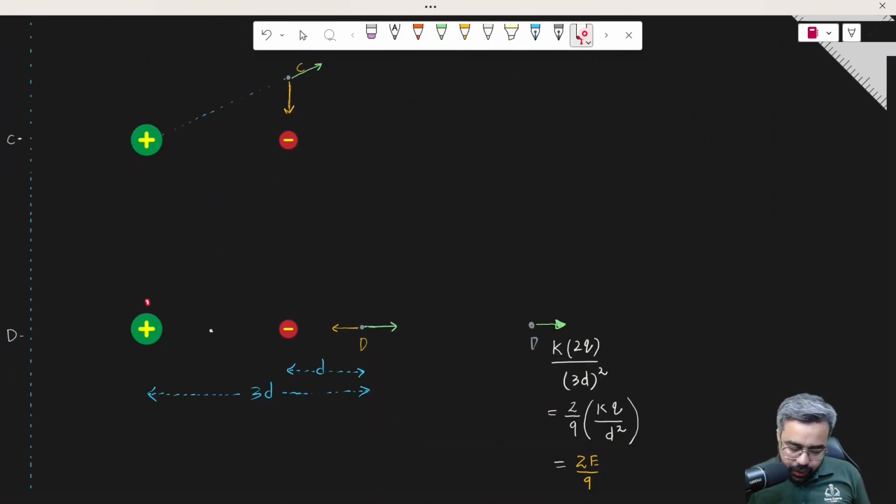You can see that due to the positive charge, the electric field at the position D is just 2E over 9. I have put the value 2Q and the distance 3D and took its square. Whereas due to the negative charge, it should be E. So at D it is 7E over 9, which is also less than 3E.